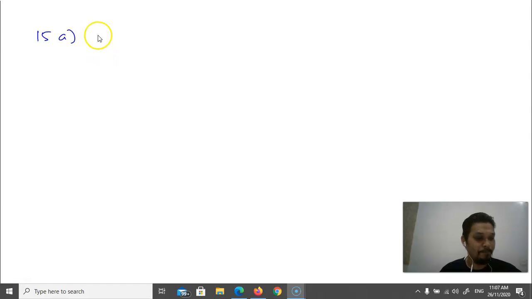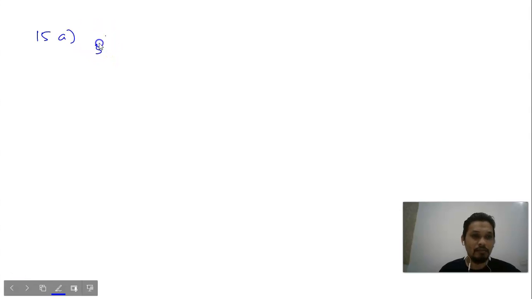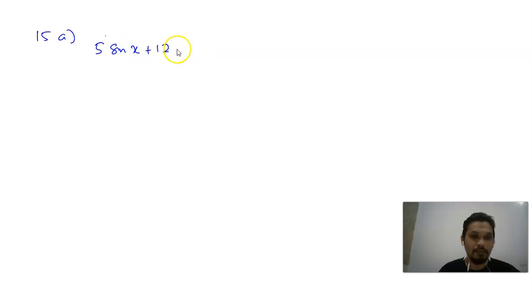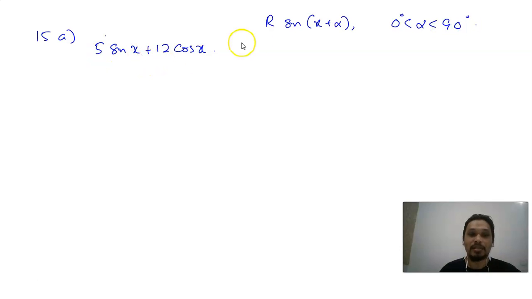Okay, so let's take a look at question 15a. The question is 5 sine x plus 12 cos x. As mentioned in the question, express it in the form of r sine x plus alpha, where alpha lies between 0 and 90 degrees. So this is the form as mentioned in the question.